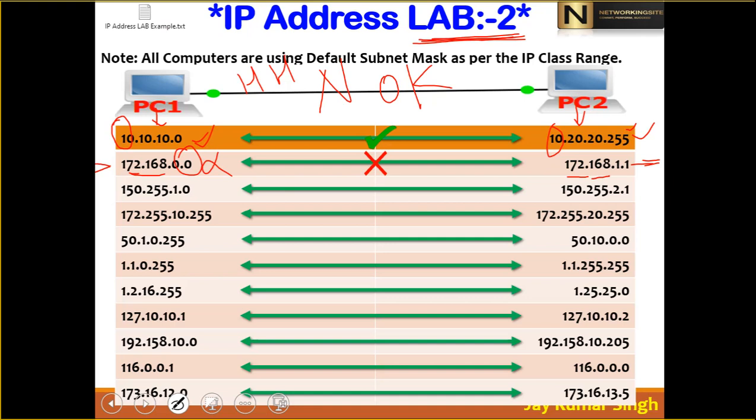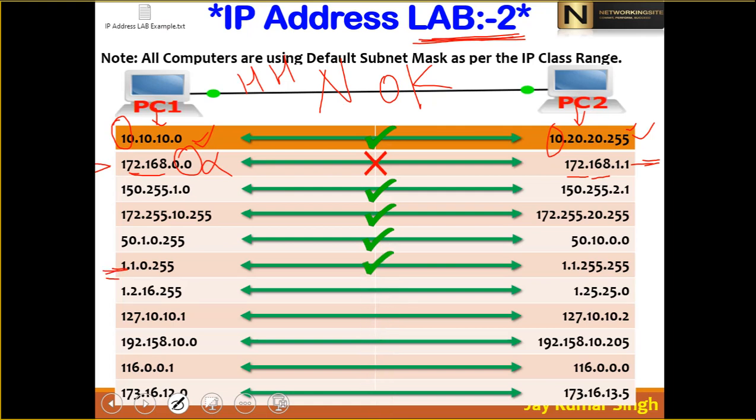Yeah, they can communicate. Second, they can communicate. 50, yes. This one, yeah, they can communicate.